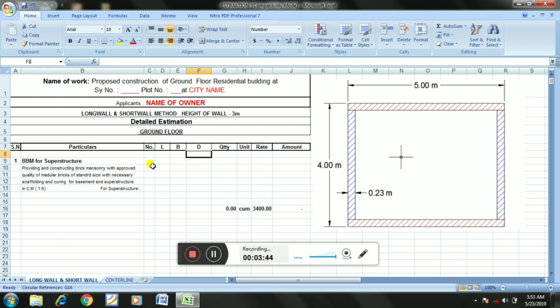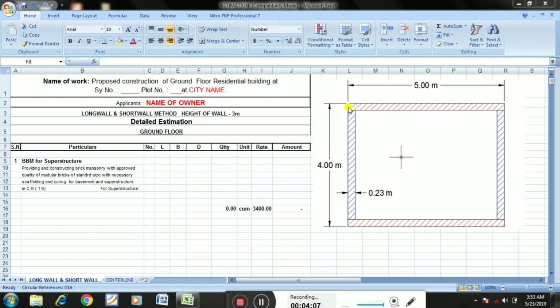Now the first step in the long wall short wall method: the length of this wall is 5 meter. The long wall is 5 meter and the short wall is 4 meter. In the short wall there are deductions on either side, 0.23 and 0.23.